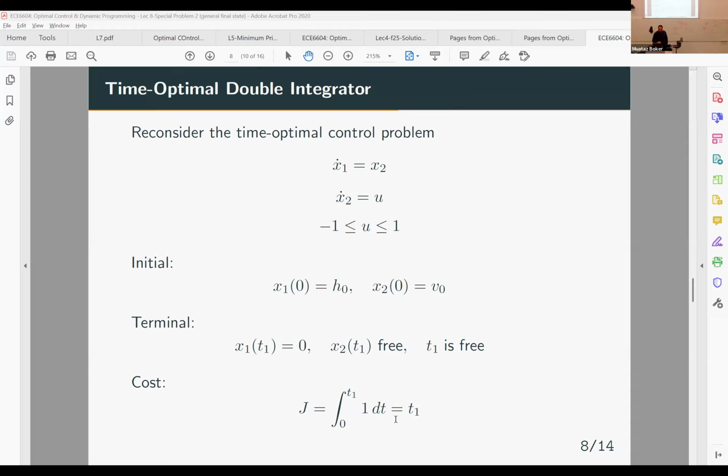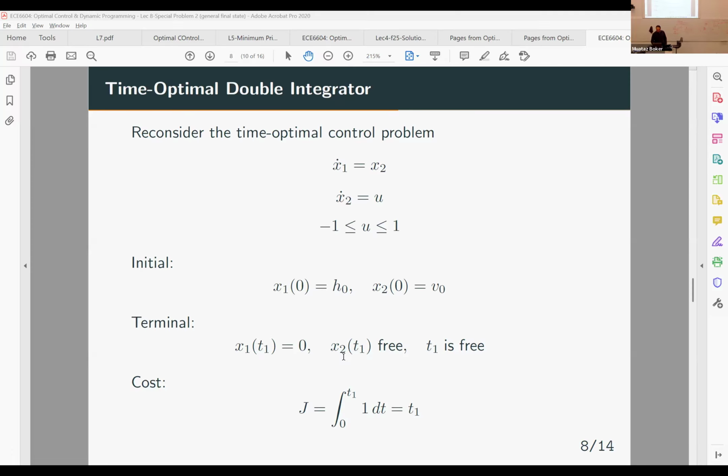So the cost function is, as we know before, this is the cost function. So how to solve? We solved this problem before when x2 of t1 is equal to something. Here it's free, so we don't care about it. So one would expect that the time it would take to steer the system from this initial state to this final state is less, because there are fewer conditions that we need to satisfy.